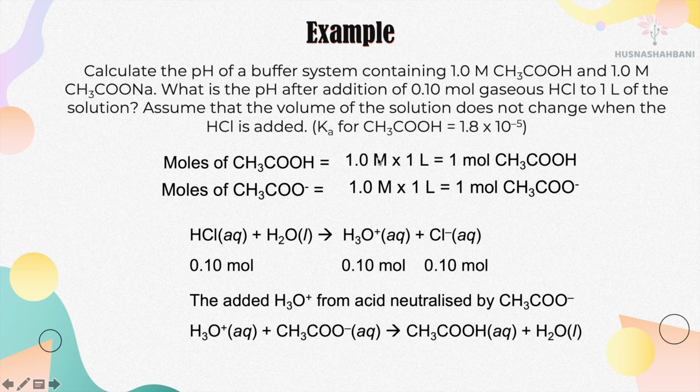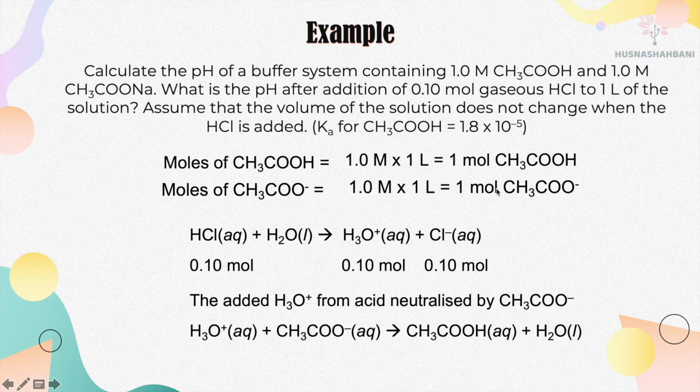So 1 molar times 1 liter is the mole of CH3COOH, because we have 1 molar CH3COOH times 1 liter, since the question said the volume of the solution does not change. So we have to find the number of moles, because we need to know how many moles of this react with the HCl.